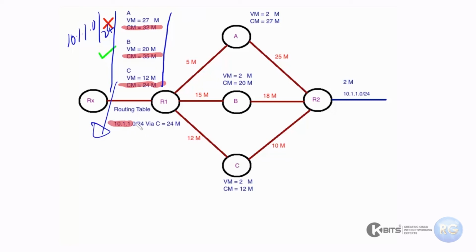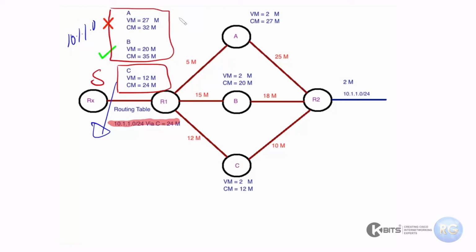So C becomes the successor. Done? The other 2 that I have over here, what are the other 2? This is your successor. The other 2 are A and B. They stay in the topology table. Good?